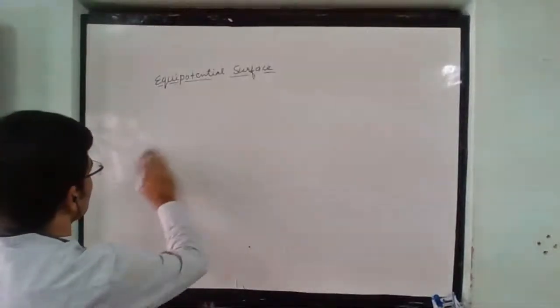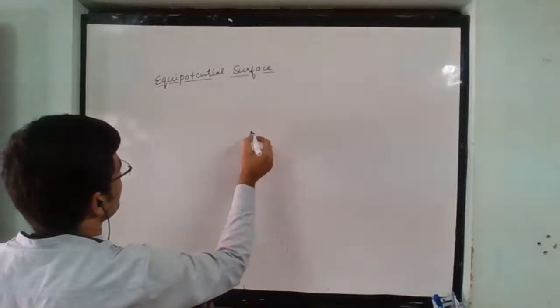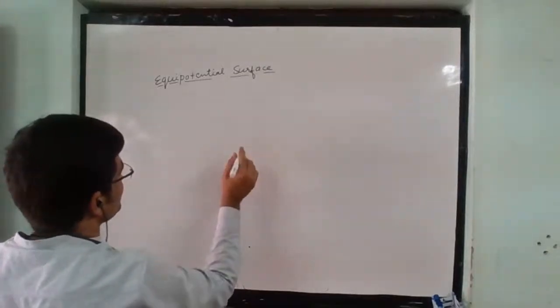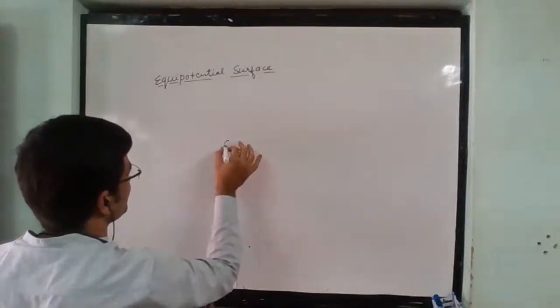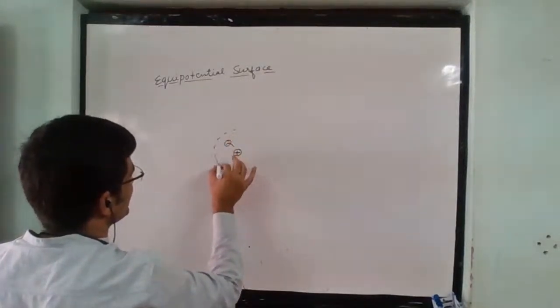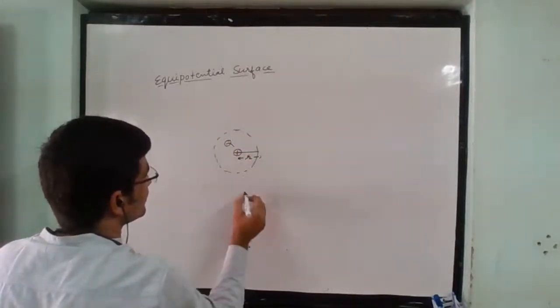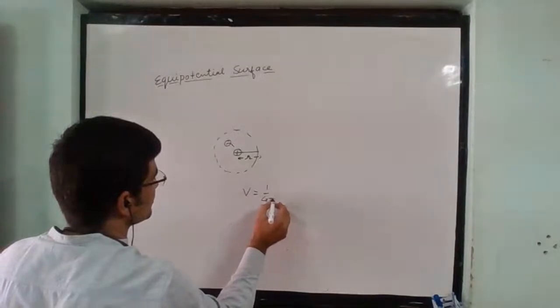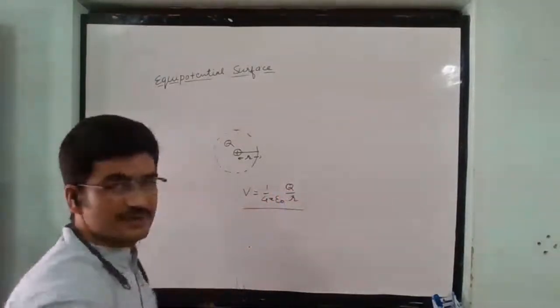When we show equipotential surface in our plane, it will look like lines. Suppose that we have a point charge, and near it at any distance r from here, you know the electric potential is 1/4 pi epsilon q by r.